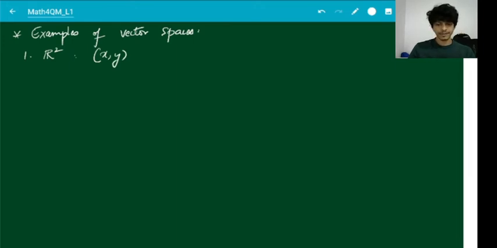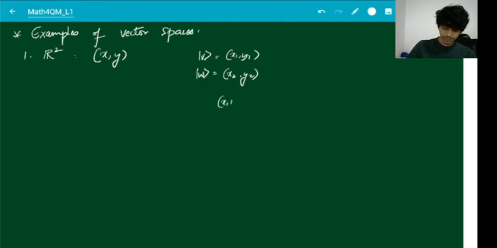And I will define the operation of addition as just component wise addition. So you add the x component, the first number, and you add the y component, the second number. Is this a vector space? Let's check if those four properties are satisfied or not. So if you take x1, y1, this is one vector, let's call it v. And if I take another vector, let's call it x2, y2, and if I add them up, what I get is x1 plus x2 and y1 plus y2.